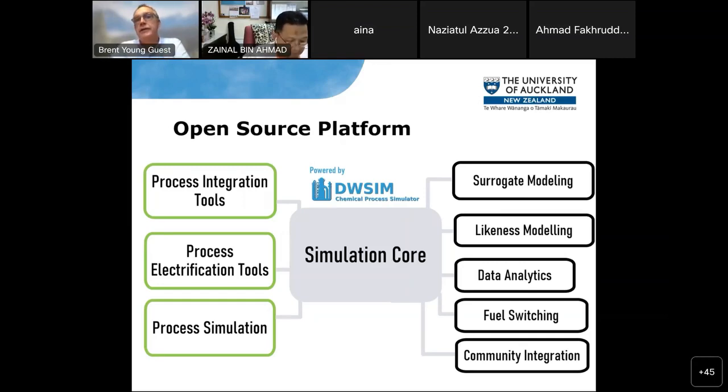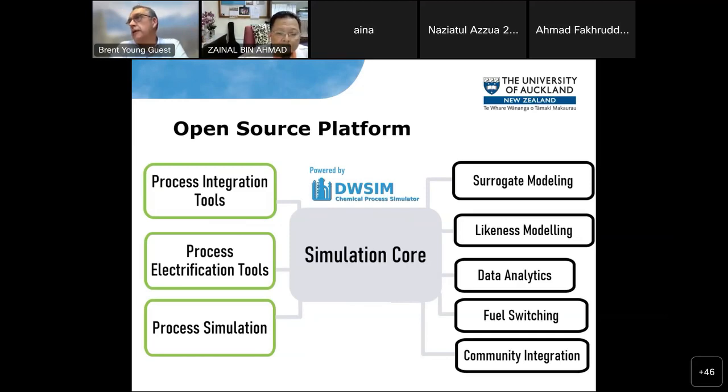So we are looking at process simulation, but smart process simulation that can build fit for purpose digital twins. We're particularly interested in process electrification because that's how we're going to decarbonise, and also at the design retrofit level, we're particularly interested in process integration tools.